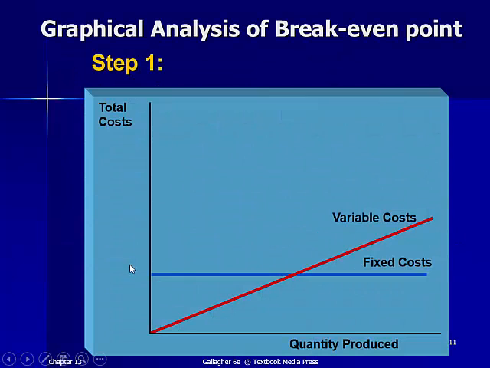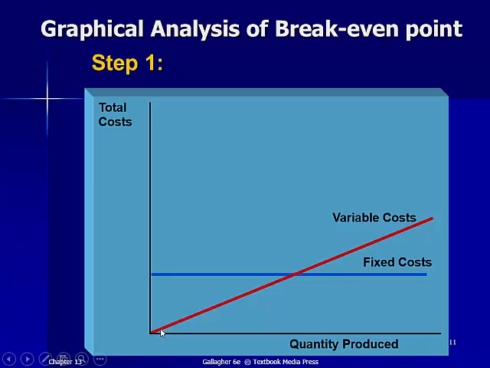And so let's look at this graphically. Fixed cost is a horizontal line because it does not go up or down as the quantity produced goes up or down. Variable costs are zero if you don't produce anything, and then they go up as you produce more and more.